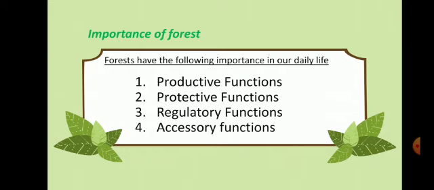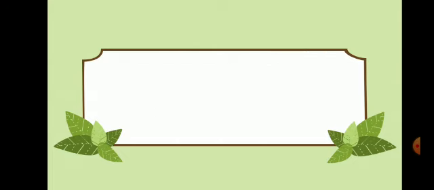Aesthetics means the beauty or pleasure we get by seeing the forest, through national parks, wildlife sanctuaries, biosphere reserves, etc., isn't it? When we go inside the forest and see the greenery and animals, birds and all, we feel very happy, isn't it? Okay, next we'll see types of vegetation.